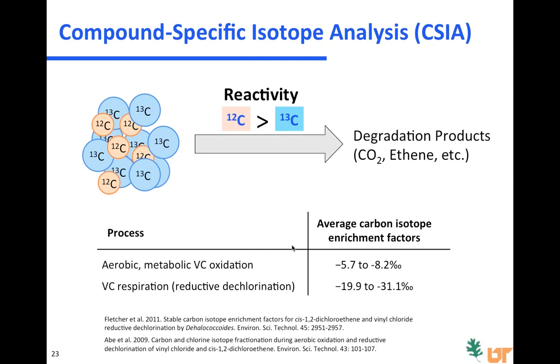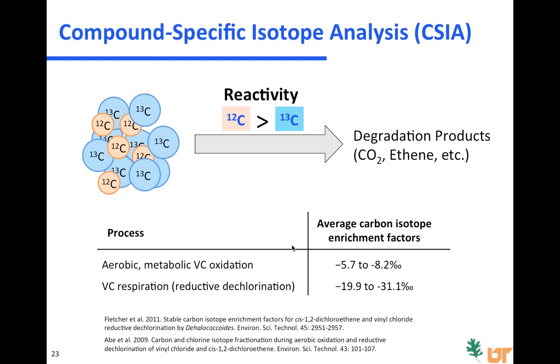The average carbon isotope enrichment factors, epsilon, for aerobic metabolic oxidation range from minus 5.7 to minus 8.2 per mil. For organohalide respiration, it ranges from minus 19.9 to minus 31.1 per mil.